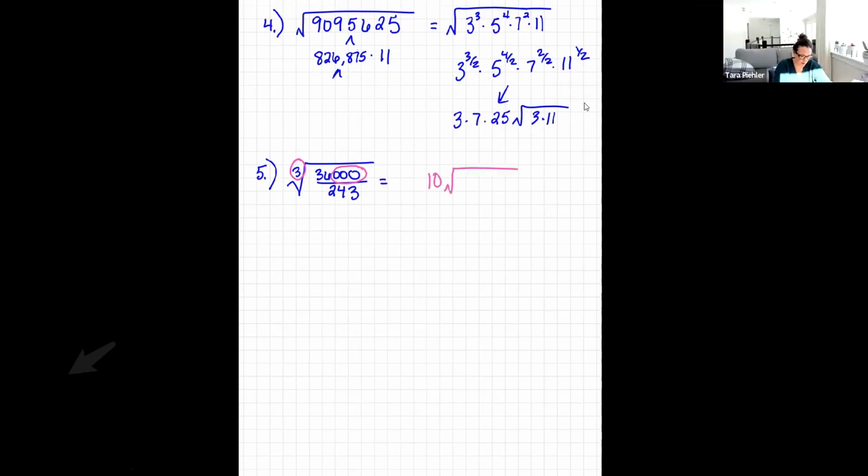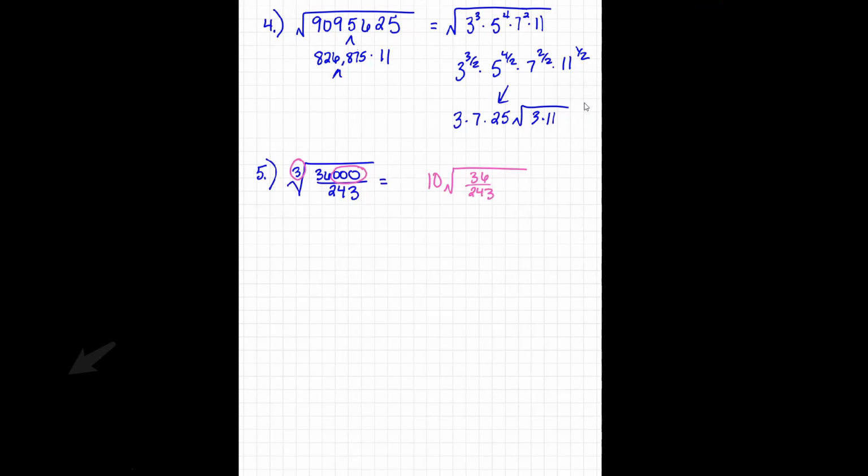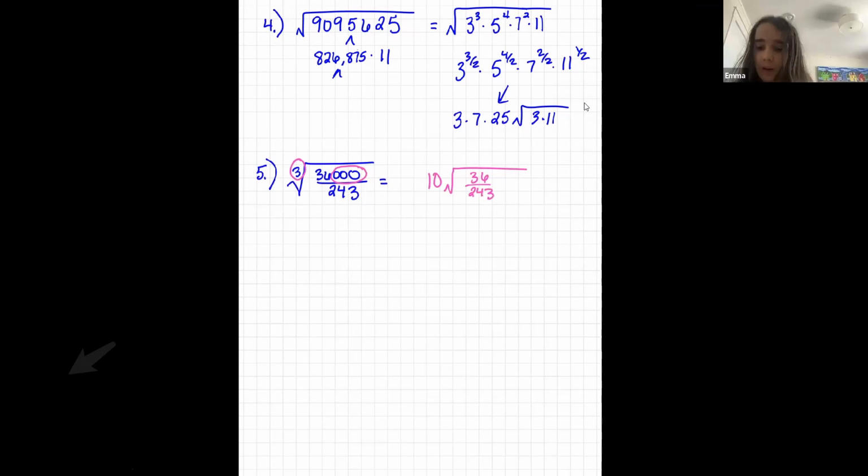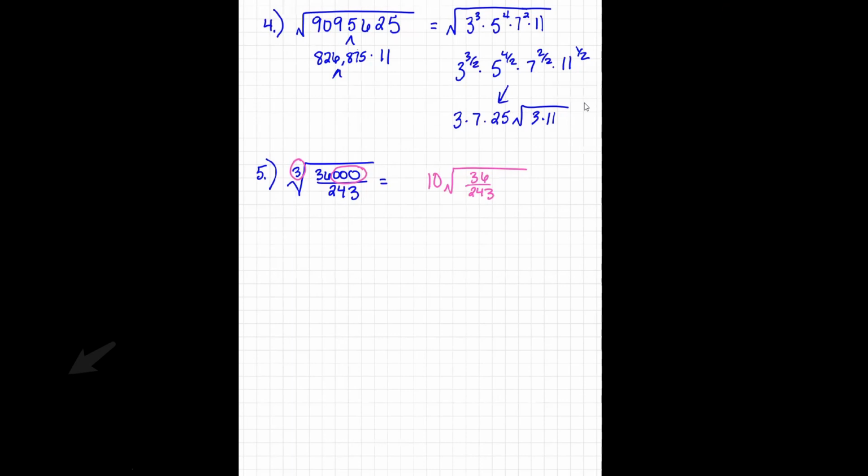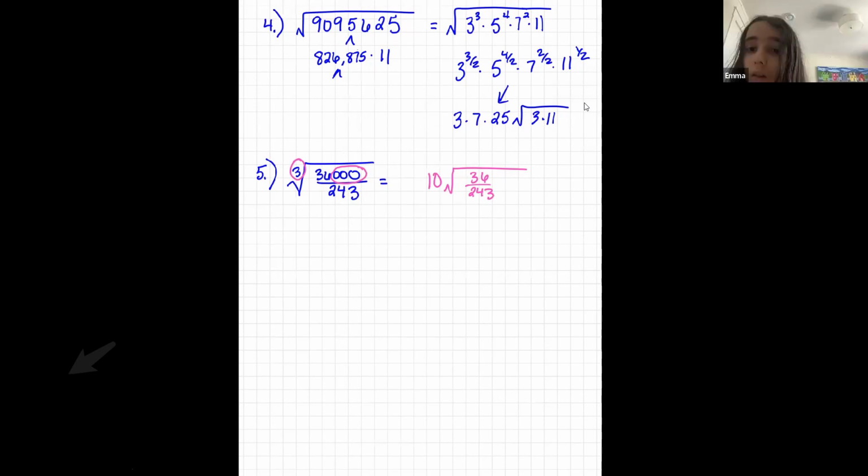Now it's just 36 over 243, right? Now, I factored this. Did anybody else do something different? Levi, did you do something different? I just factored 243 to get 81 times 3.